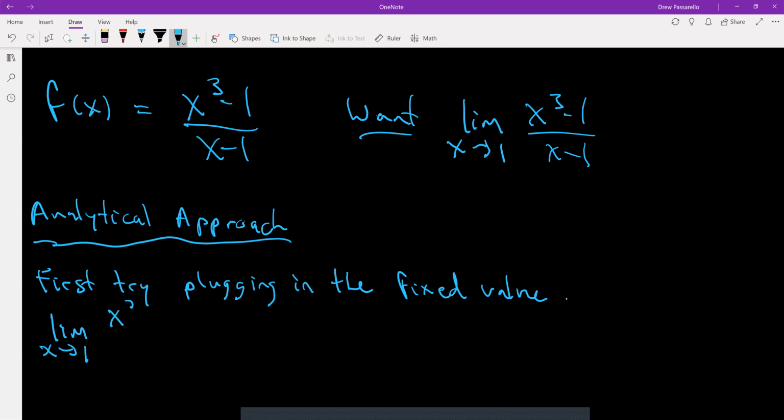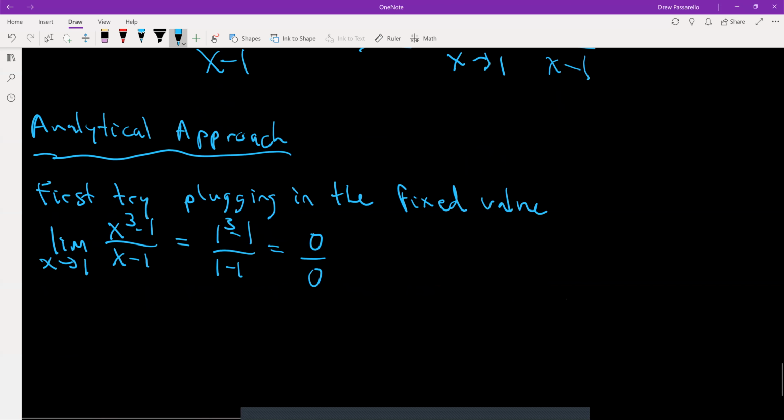It's just plugging in 1, which we know gave us 0 over 0, right? Because we had 1 cubed minus 1, which is 0, and then 1 minus 1, which is 0. All right, this doesn't tell us anything. That's indeterminate. So I'm saying this didn't help.